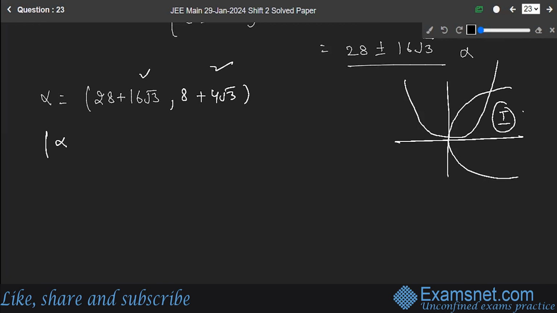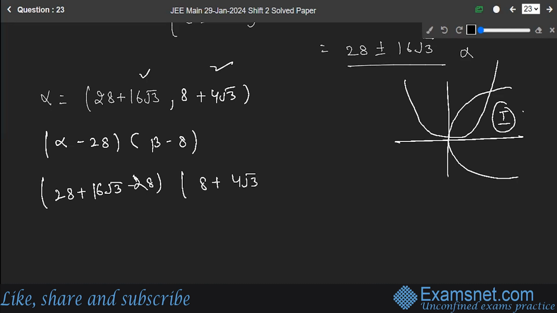Now, according to the question, what I have to find out was alpha minus 28 into beta minus 8. So this will be 28 plus 16 root 3 minus 28, into 8 plus 4 root 3 minus 8. This will give me 16 root 3 into 4 root 3.